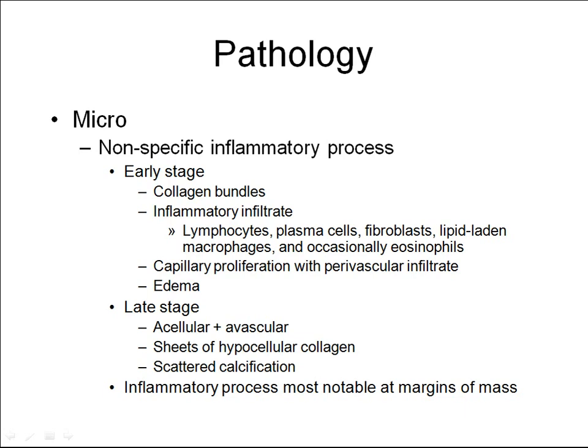Later in the disease, you see an acellular avascular tissue with sheets of hypocellular collagen and scattered calcification. The inflammatory process or acute process is typically noted at the margins of the mass.